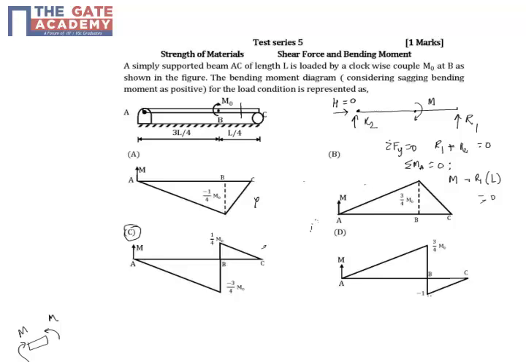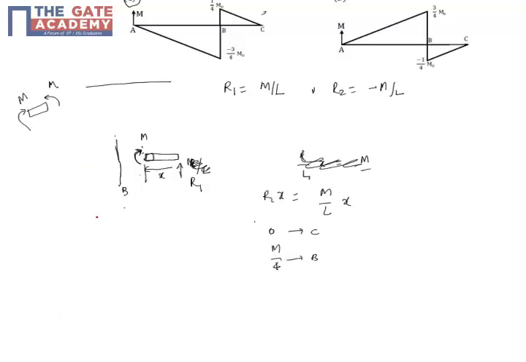Now let's see what happens if I take a section just to the left of B. This is point B where the moment M is applied, and this is M by L. The bending moment just to the left of B: M is clockwise, M by L into L by 4 is anticlockwise, so M minus M by 4 is basically 3M by 4, and that is clockwise.